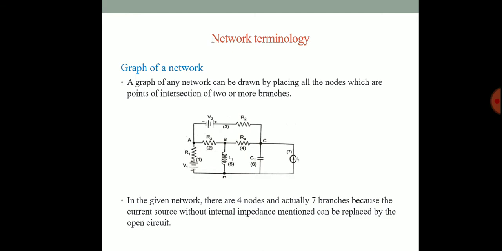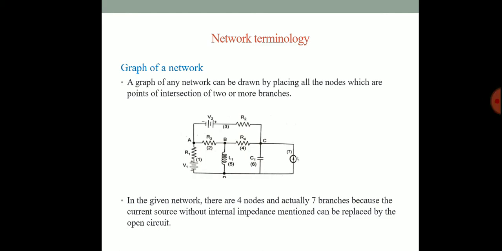The voltage source and the current source are to be replaced by their respective internal impedances. If internal impedances are not known, replace the above-mentioned sources by their ideal internal impedances. Here we will first identify the nodes and branches.